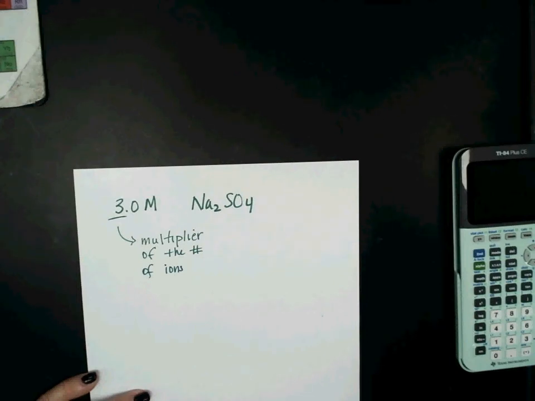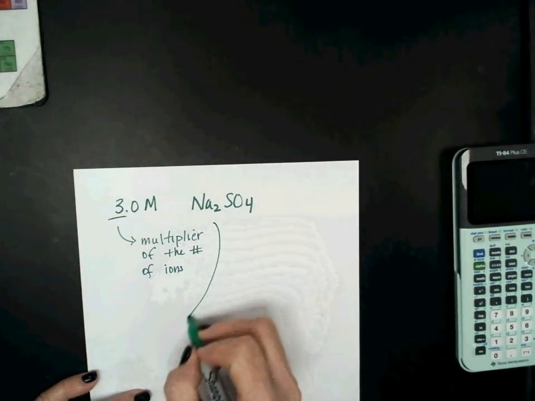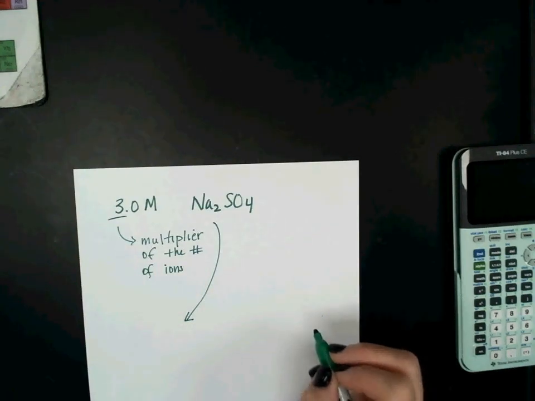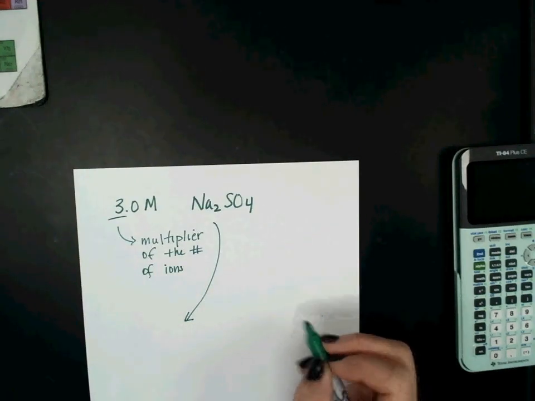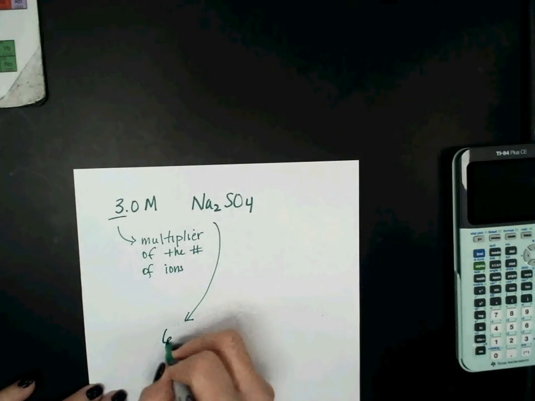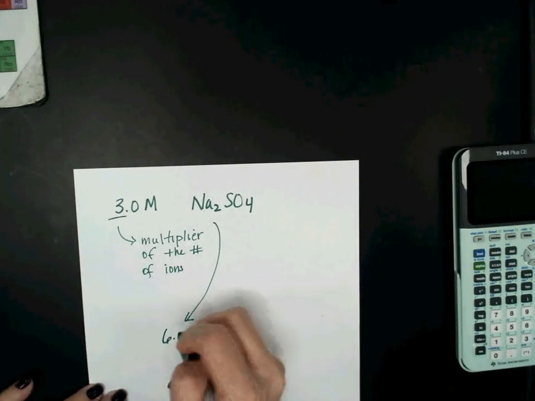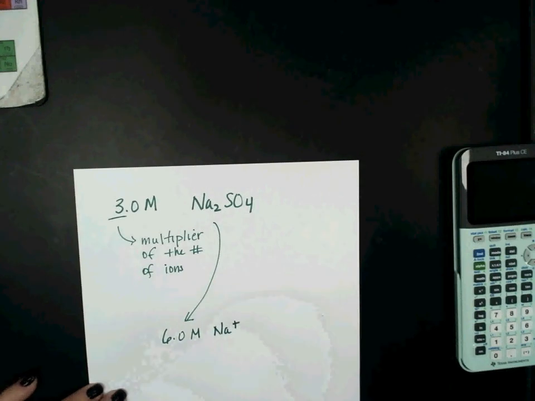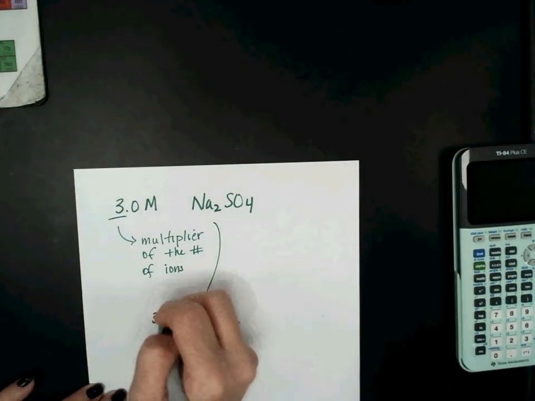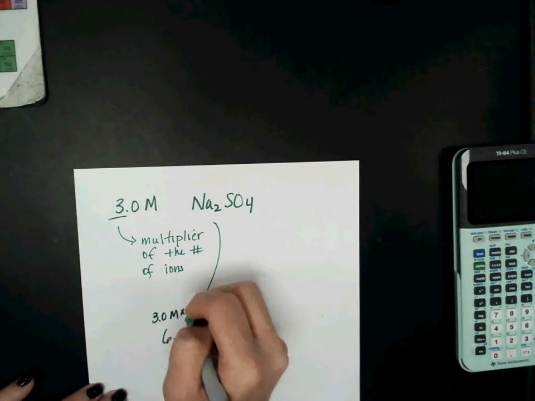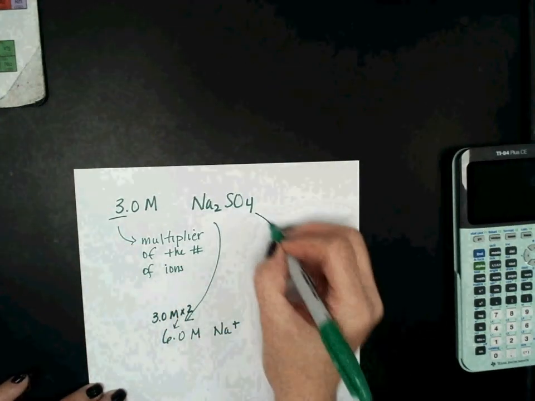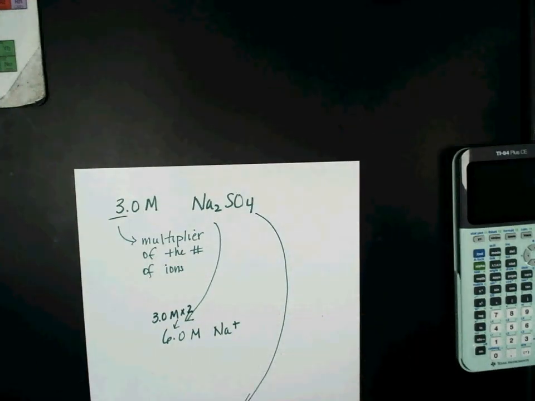So it's kind of like a coefficient out in front of a math problem. So then I would say, how many sodium do I have in that formula? 2, right? So I would have to go 3 times 2. I actually have then 6 molar sodium ion concentration because I had 2 of them, so I took my 3.0 molar times the 2 to get my 6.